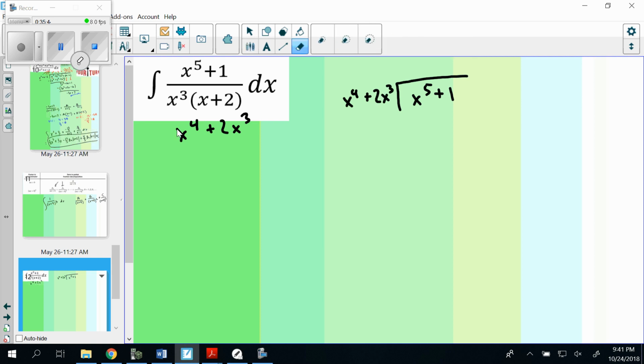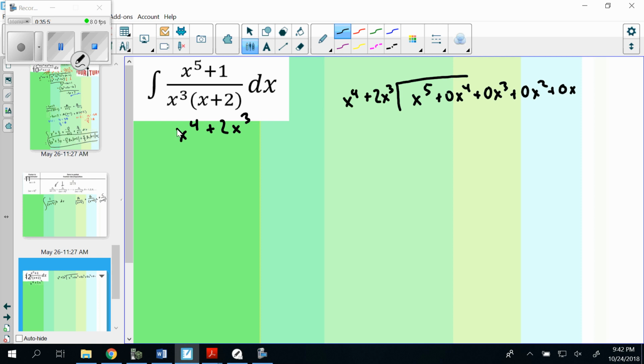Now, in this one, there's a bunch of missing terms here, so we got to think of this as plus 0x to the 4th, 0x to the 3rd, 0x squared, 0x plus 1. What's that going to divide out to be? So what would we get if we took this divided by this? Would there be 1x left?